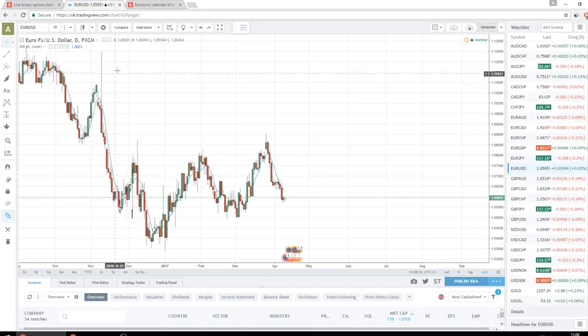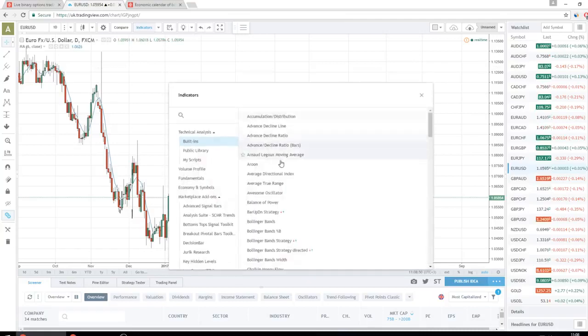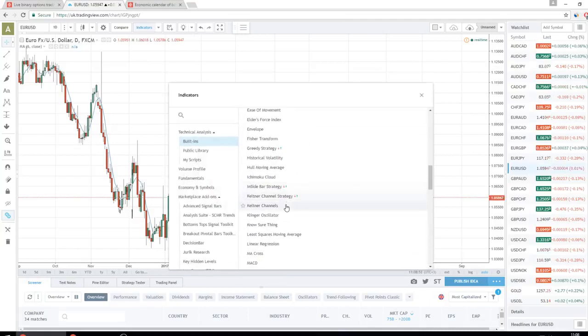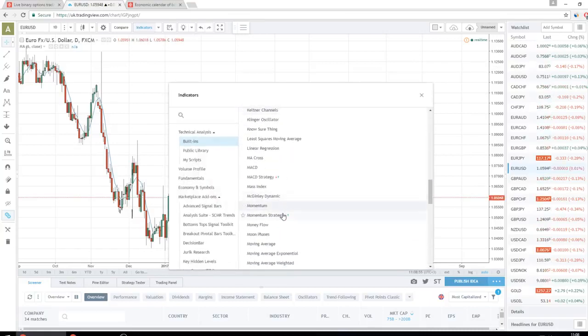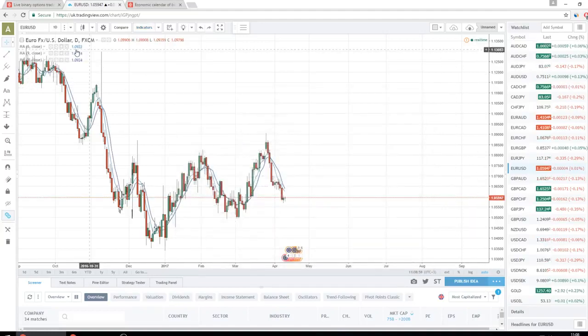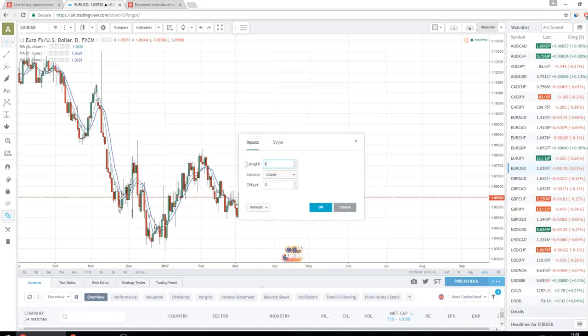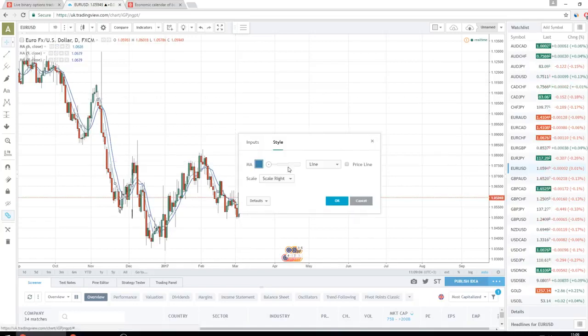Many traders use simple moving averages in order to make the analysis, but with different periods. So let's say I can add another moving average and another one. Let's put here 8 candles and make it red.